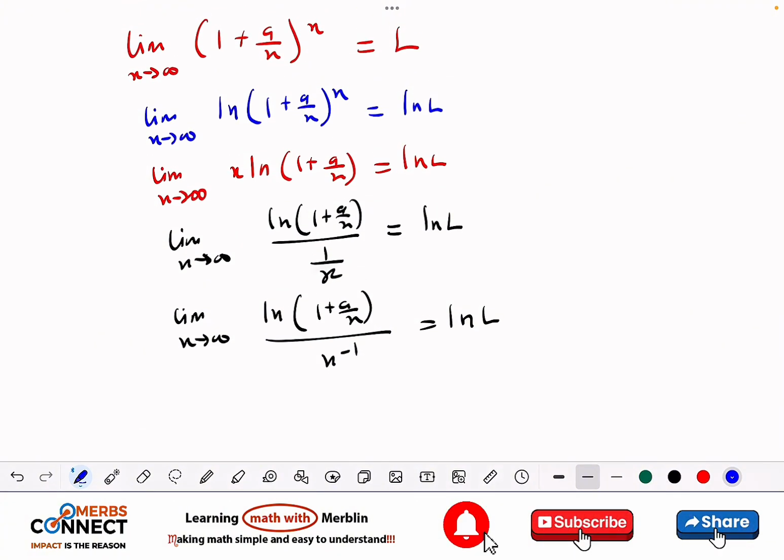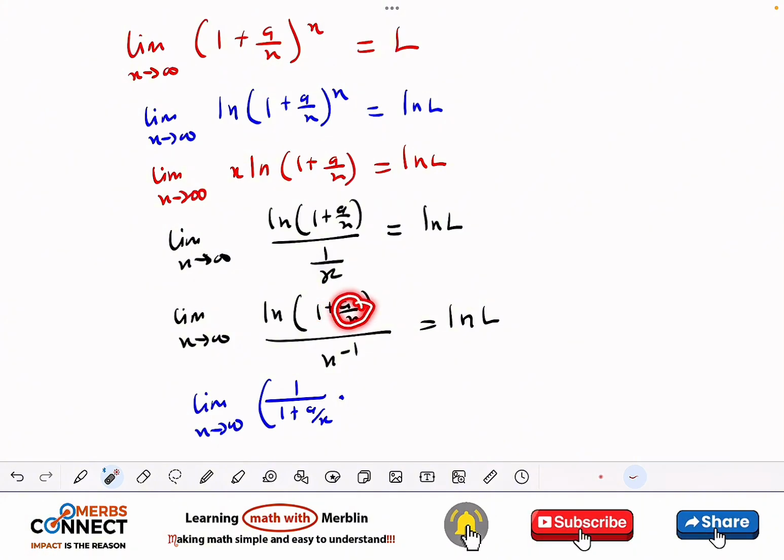So let's differentiate. I'm going to have limit x approaching infinity. When you differentiate a ln function, we said 1 divided by what is inside the bracket, so 1 plus a divided by x, times you differentiate what is inside the bracket. When I differentiate 1, I'll get 0.